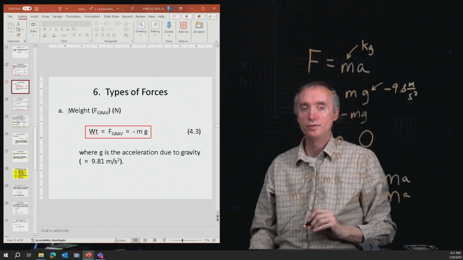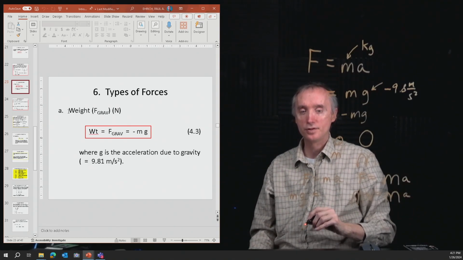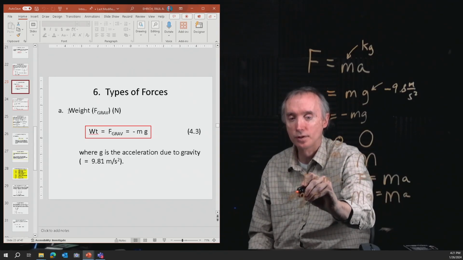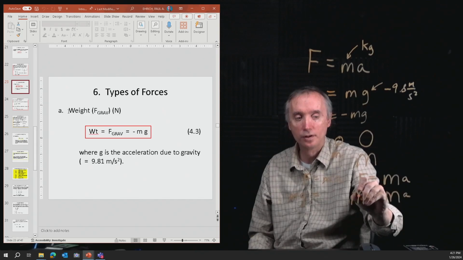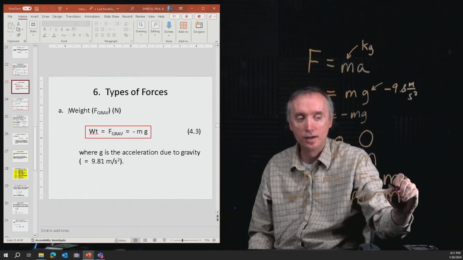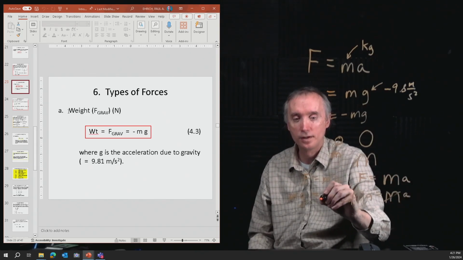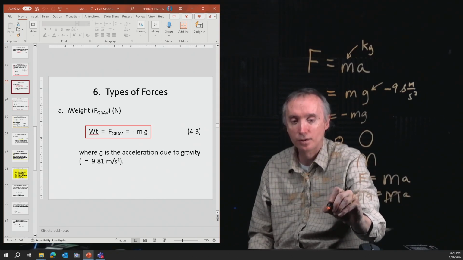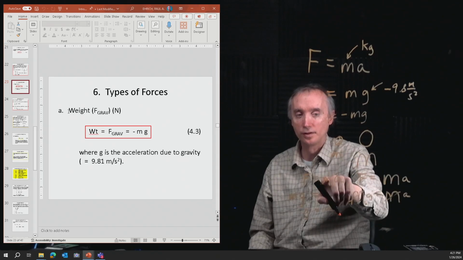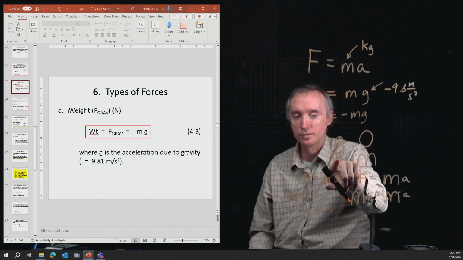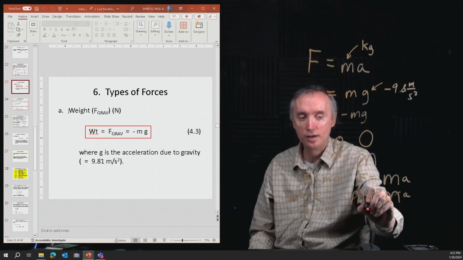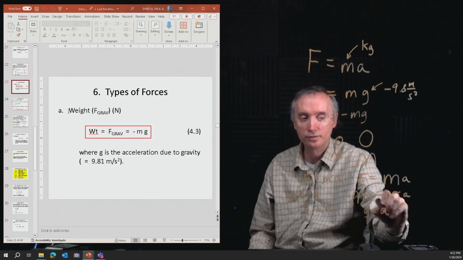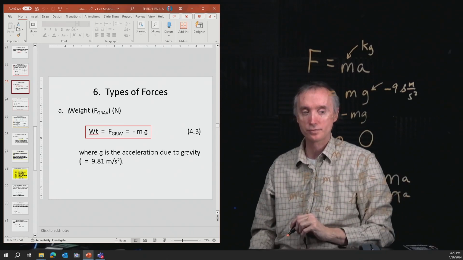Now, can you see what to do next? Do you notice that both sides have an M? So we're going to cancel the M, and cancel the M. And then what do we end up with? g is equal to the acceleration that the little ball feels. If we do it over here, we get g is equal to the acceleration that the big ball feels.